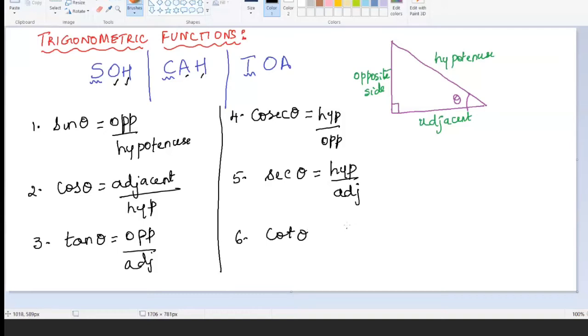Tan theta is opposite by adjacent, so cot theta will become adjacent by opposite. Are these 6 trigonometric functions clear to all?